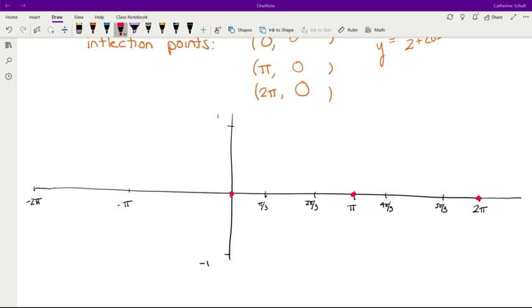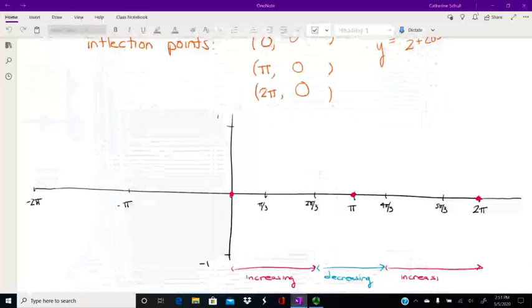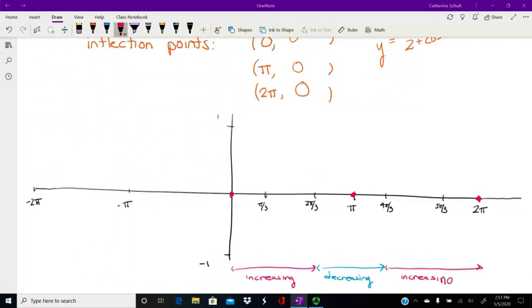From 0 to 2 pi over 3, our graph was increasing. From 2 pi over 3 to 4 pi over 3, we are decreasing. And then from 4 pi over 3 on, we're increasing, and then after that we repeat.